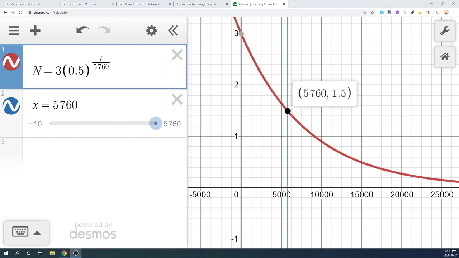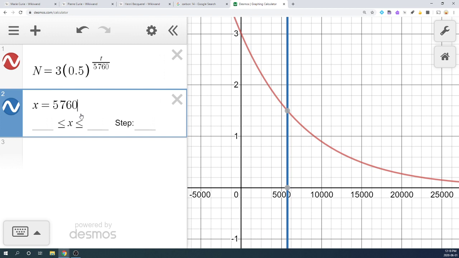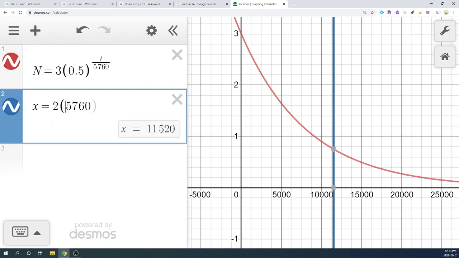And after maybe 2 times that many, 11,525, we'd have half of the half. So half of 1.5 is 0.75.